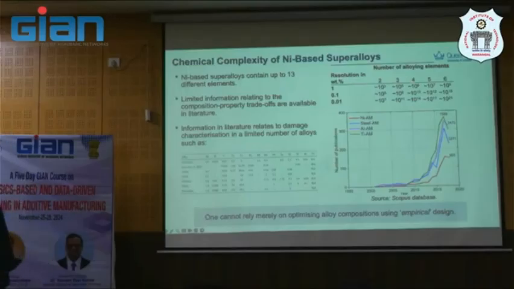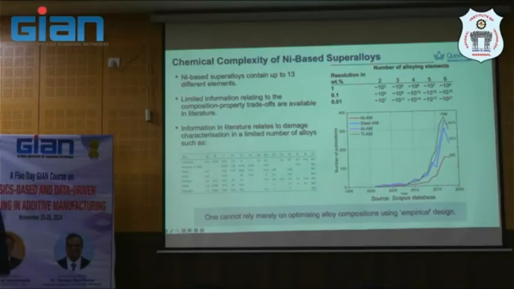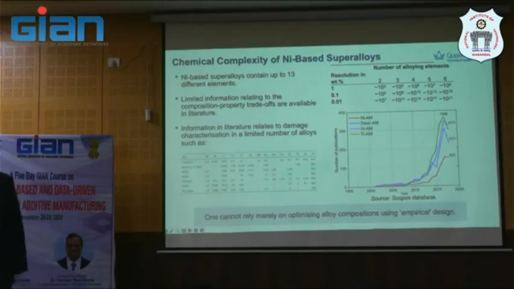But again, in nickel-based superalloy, 0.01% is significant to the property. So you may end up with 10 to the power 21 compositions. How can we deal with this? I mean, this is already big data for me, if not 100 trillion. I think this is more than a trillion, several trillion compositions.